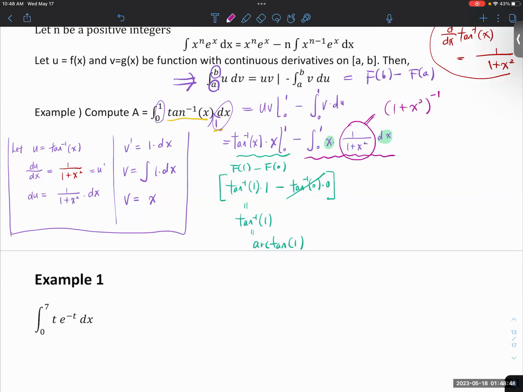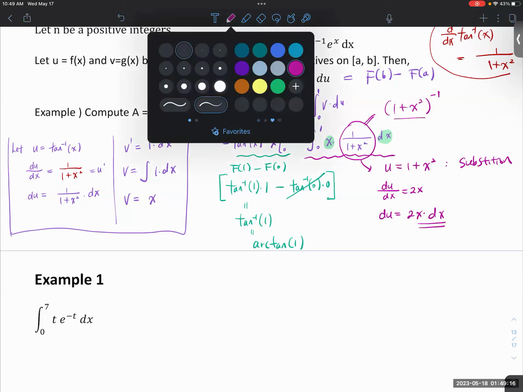So let's write it here. u will be 1 plus x squared, right? And then take the derivative, du will be 2x times the dx. This is the substitution method right there.